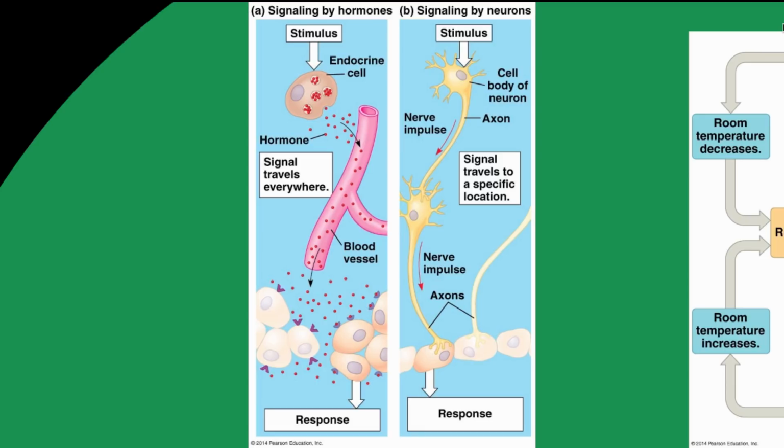And cells that have the receptor for these hormones can pick up that signal, and then they will respond. Other cells that do not have the receptor will not respond to the hormone. Right? The cells need to have the receptor in order to pick up the signal and respond.